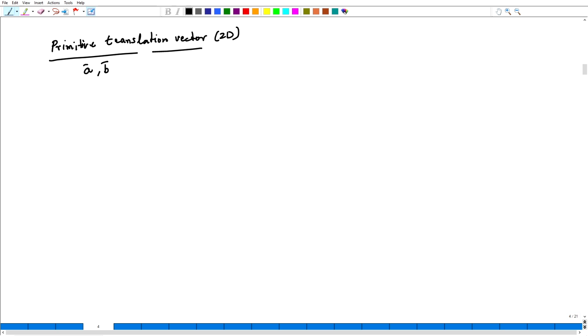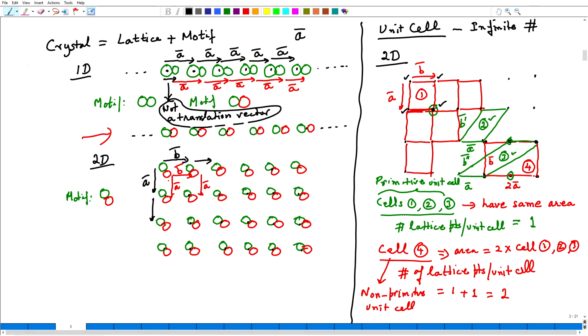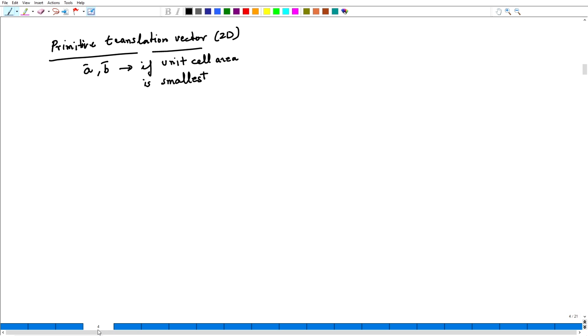A and B would be considered primitive translation vectors if the unit cell area is the smallest out of all the cells that are available to us, and we just saw that cells 1, 2 and 3 are primitive unit cells and their area would be the smallest. So, we call vectors A and B primitive translation vectors if they define a cell which has the smallest area.